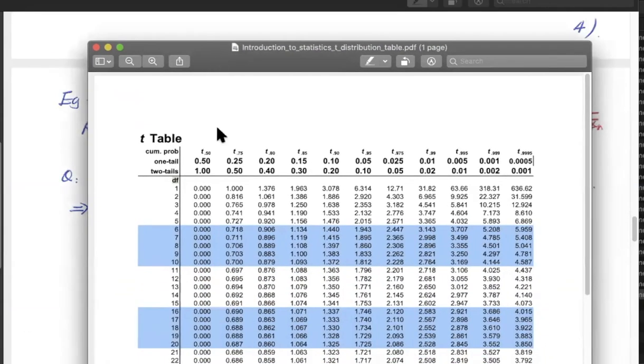So that means we are looking for the degree of freedom row. You see this row here. Degree of freedom row here, right? I'm trying to get this row only. Somehow they give me the other rows. You see, I just try to highlight this row. But you know, we are looking for this row.